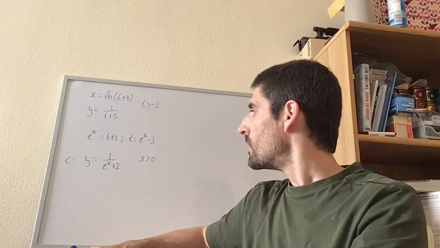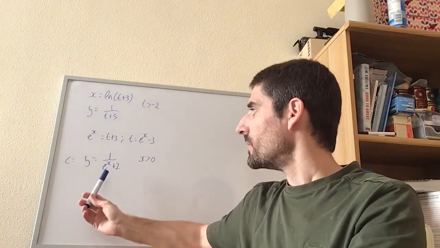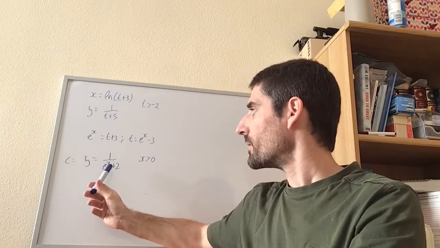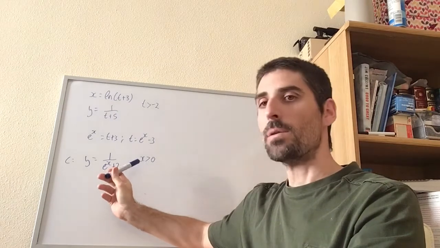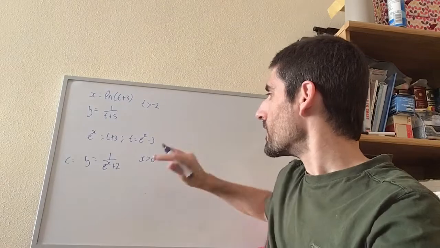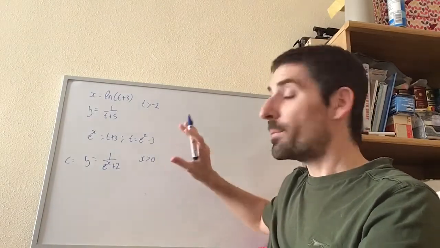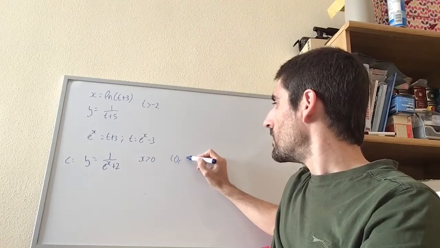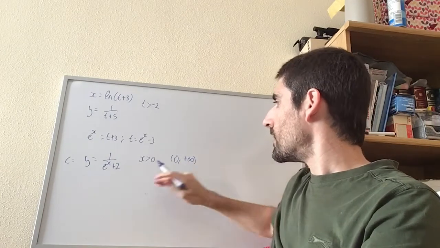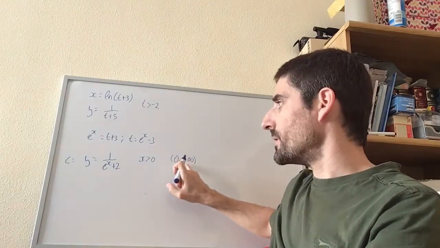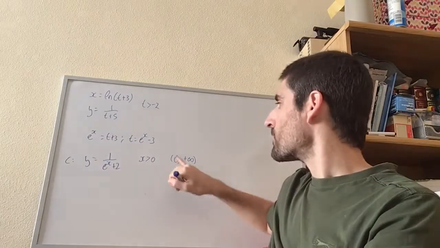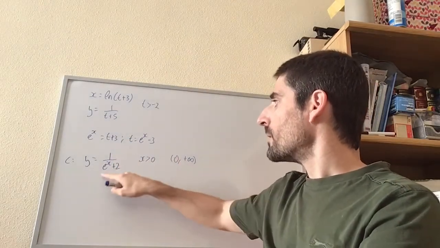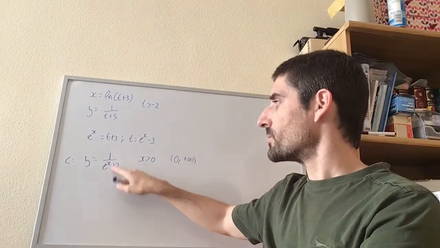Now my domain goes from 0 to positive infinity. I've explored what happens at positive infinity: this collapses to 0. What's going to happen at 0? e to the 0 is 1, plus 2, so 1 over 3.